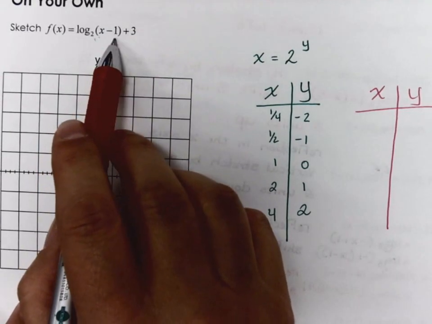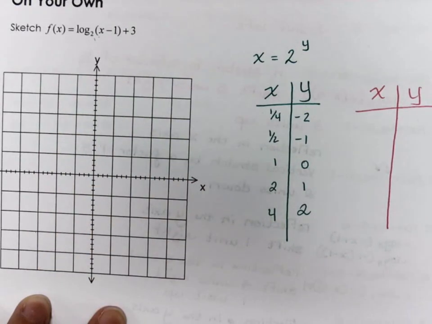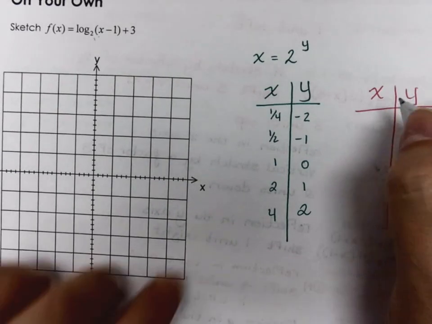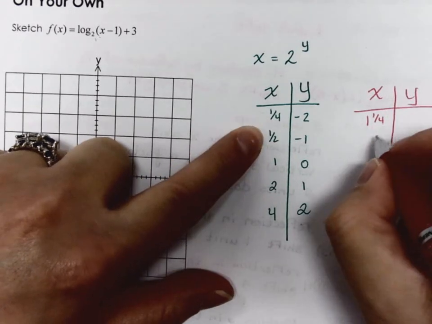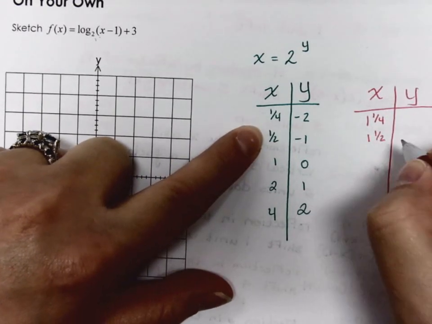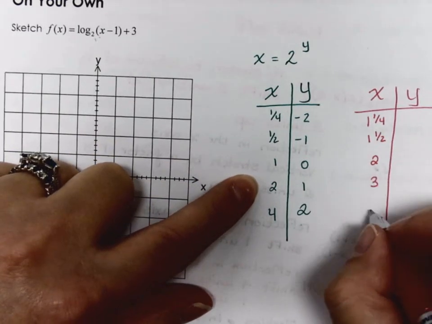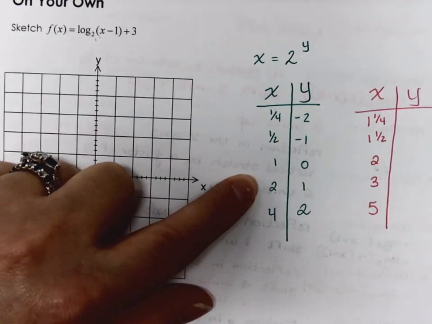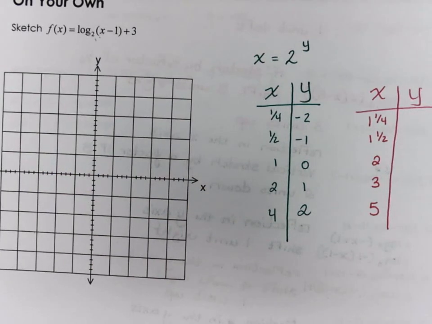So I am adding 1 to the x's, and I'm adding 3 to the y's. So adding 1 here, so this would be 1 1/4. I like using a mixed fraction here.